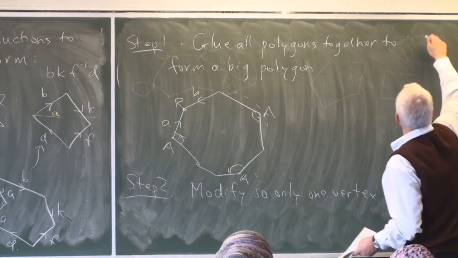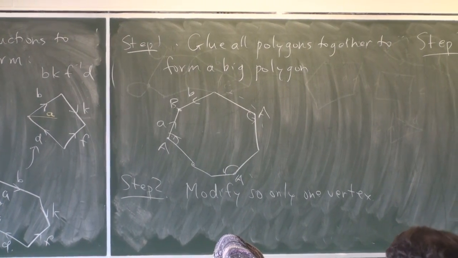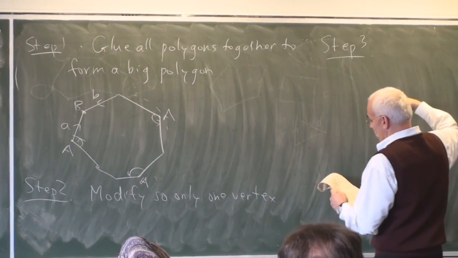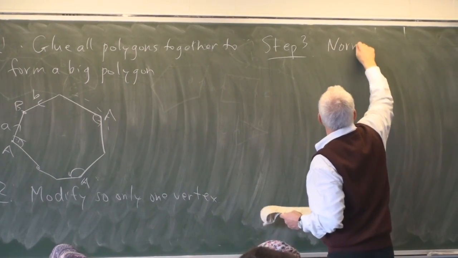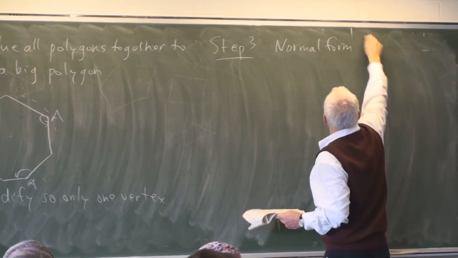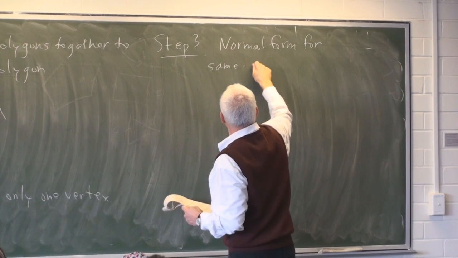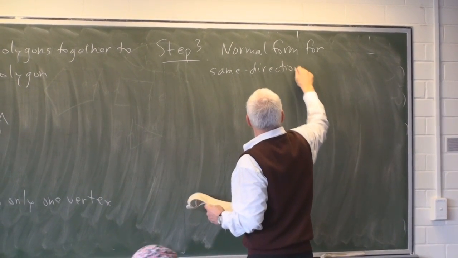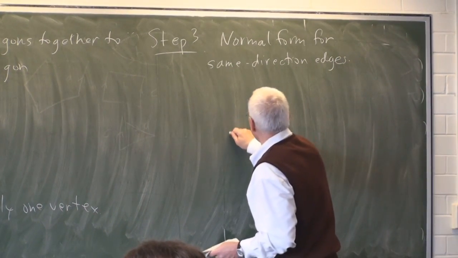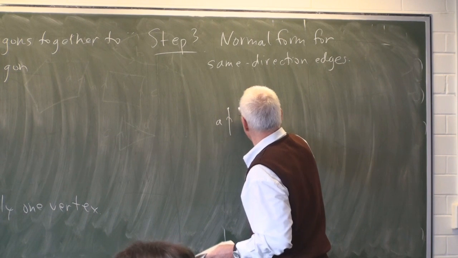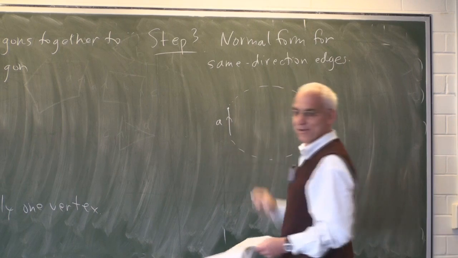Okay. So after we've done that, step 3 is we're going to distinguish between two types of edges, between edges which are in the same direction and ones which are in the opposite direction. So we get a normal form for same direction edges. Well, that means there's an edge A like this, and then some other stuff, and then there's another edge A, something like that.